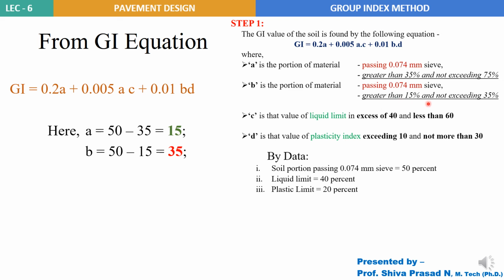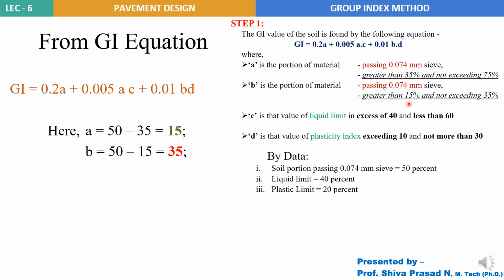So how do I get that? Again, subtracting 15 from 50, I get 35%. So what is this 35%? It is that percentage which was in excess above 15% with respect to the given value 50%. Okay, so that is the thing.